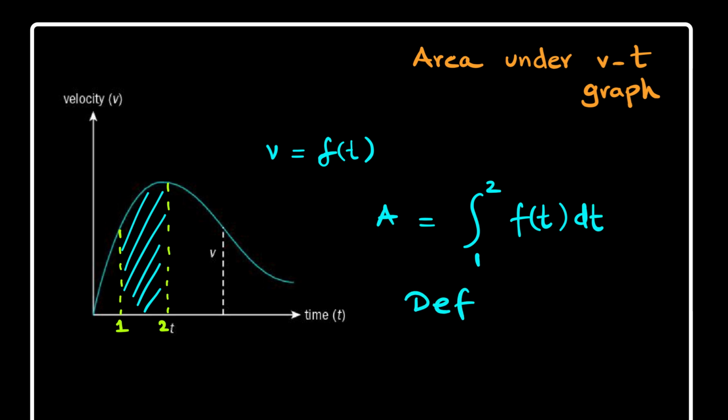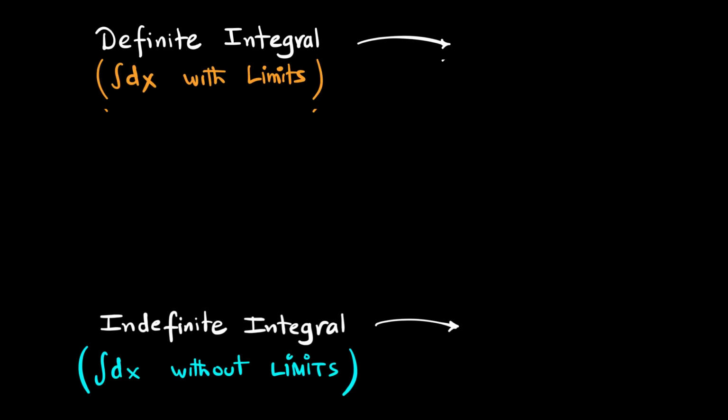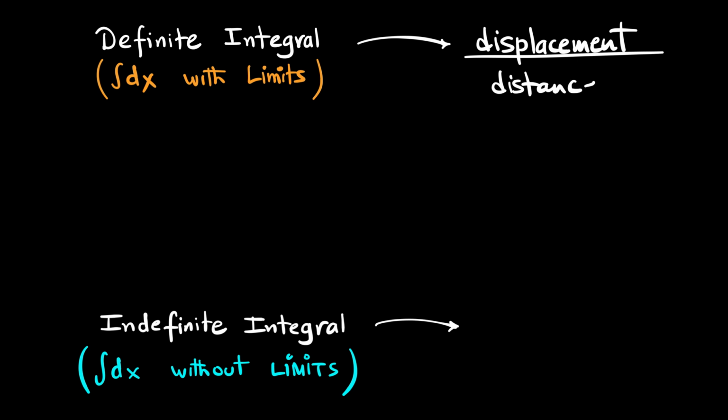So this is basically the use of definite integral, that is integration with limits, to find this area. Remember the rule that a definite integral will give us the area under the graph, which is the displacement between the two values. And it can also be termed as distance as long as the particle is not turning around.